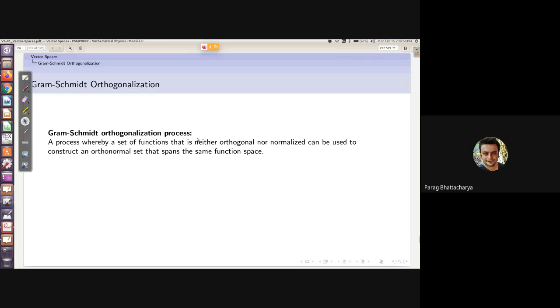It is not necessary that these functions be orthogonal. I can take any 5 functions, and from them you construct a set which is orthogonal as well as normalized. This process is known as the Gram-Schmidt orthogonalization process.